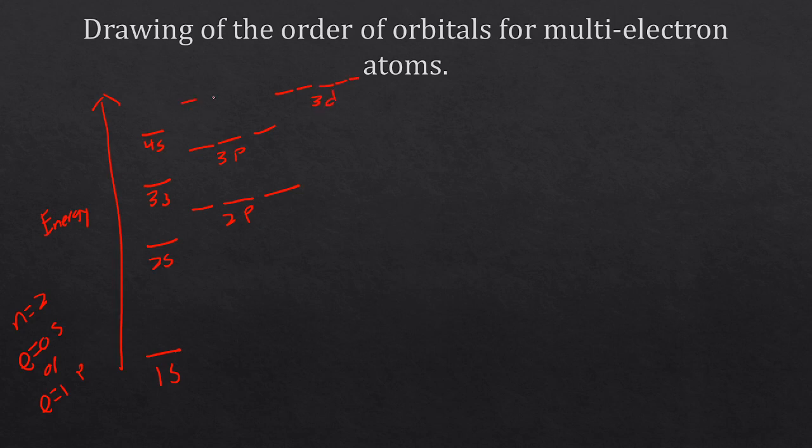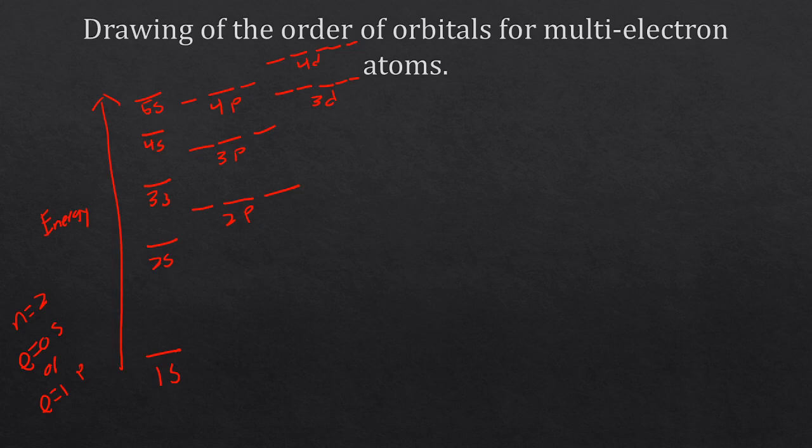And then we'll end up with 4p, and then we'll have 5s, and then way up here, we'll have 4d. Now, this keeps going, and we're going to look at how to know the exact order in a number of slides later. You don't have to have that memorized yet. But do know that we are going to look at how I knew to put 3d where I did, and why 4s came first.